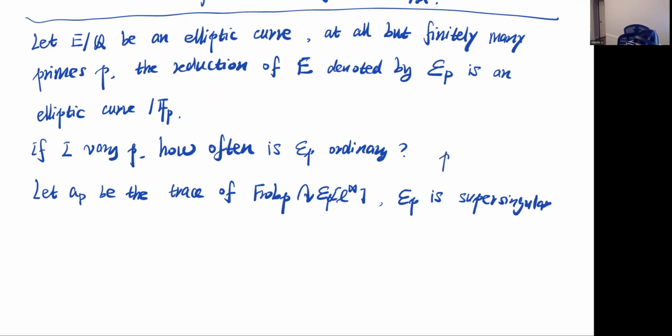Recall that our p is greater than 3. Then Ep is supersingular if and only if ap is 0.